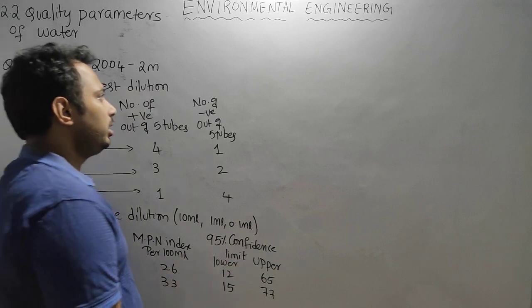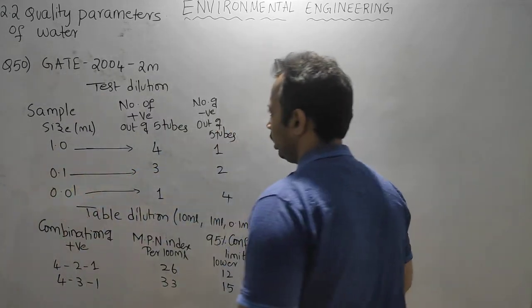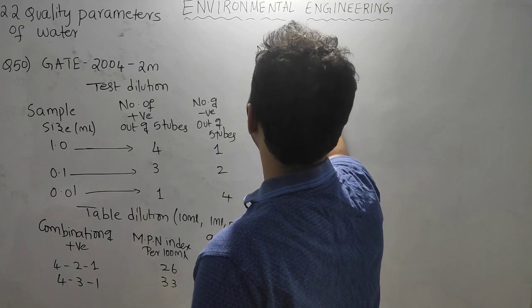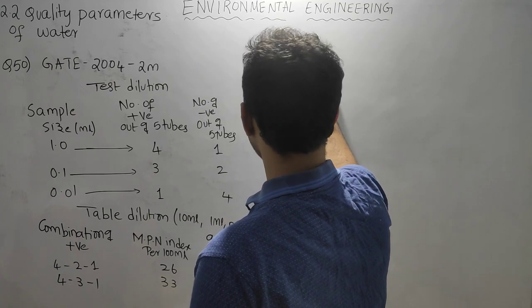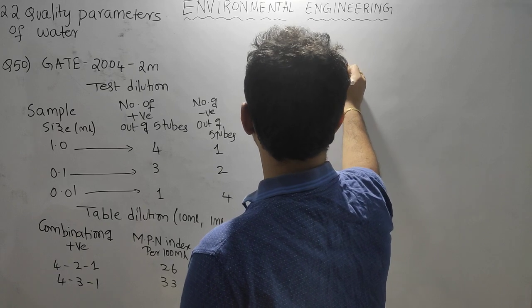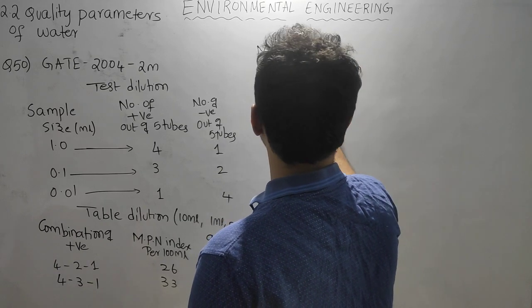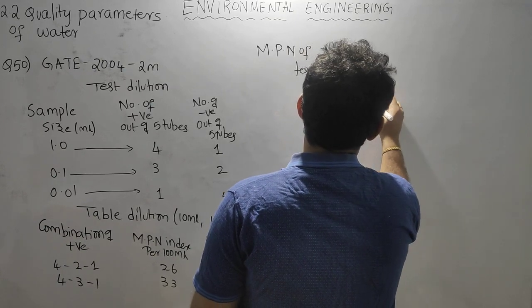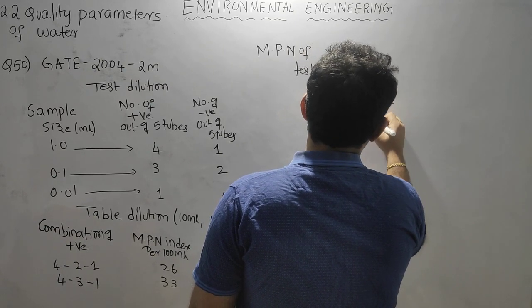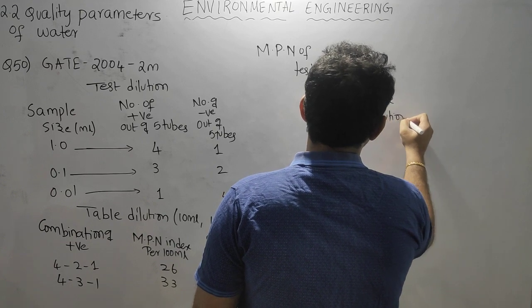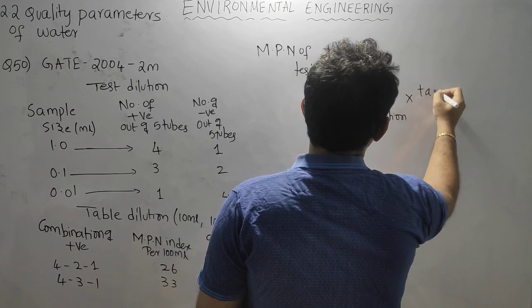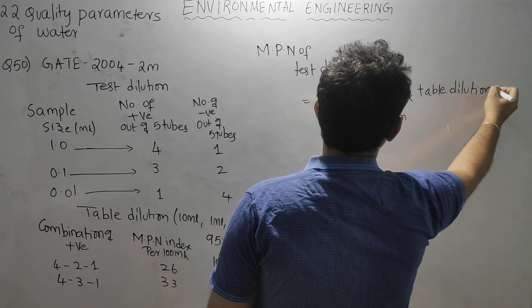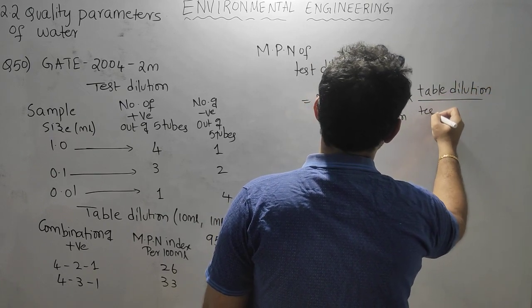So the MPN of test dilution is equal to the MPN of table dilution into table dilution by test dilution.